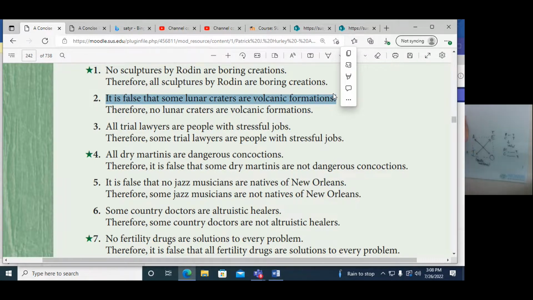So, premise 1: it's false that some lunar craters are volcanic formations. What is that? I'm just going to say it's false that I. That's an I proposition. And then the conclusion: no lunar craters are volcanic formations. Rather than write that out, I'm just going to put conclusion E, because it's an E proposition. So let me go back here.